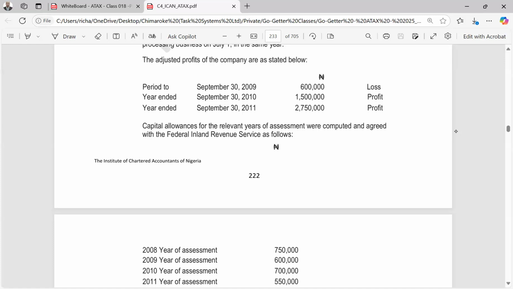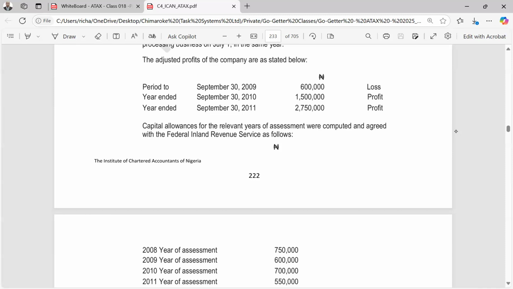Now, why is it that way? This is because capital allowances are always presented to us in years of assessment, whereas profits are stated in account year end, which I will call our basis period. And you will not be the one to convert the basis period to an appropriate year of assessment.